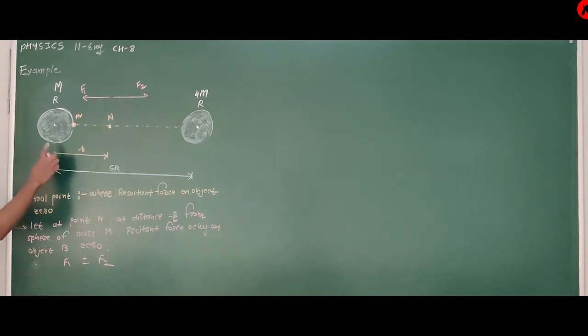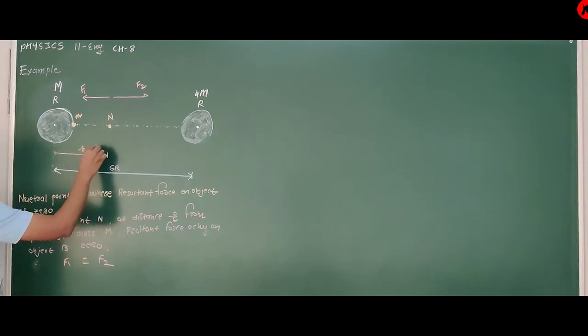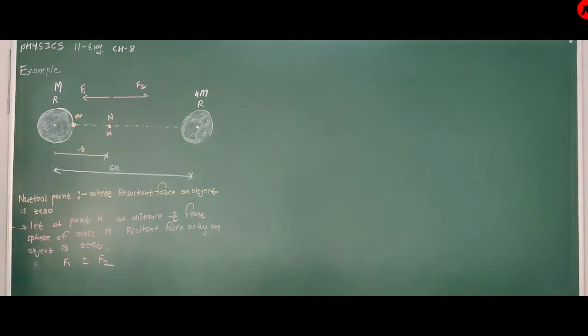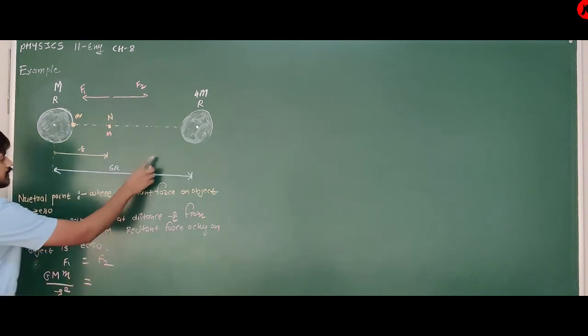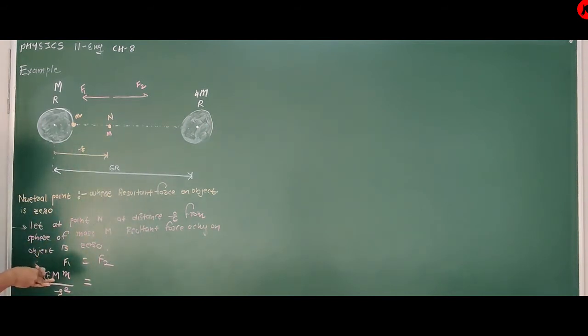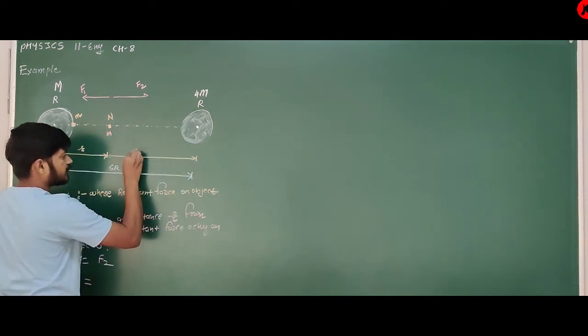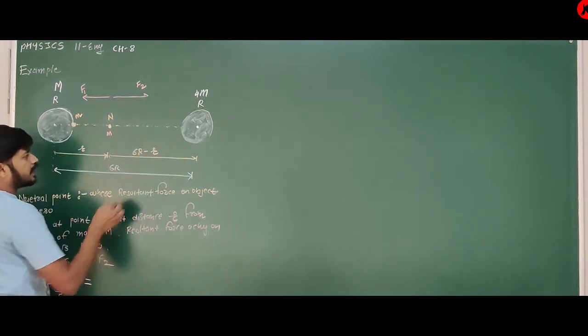Now F1 is the force acting on the object of mass m due to this sphere. You know the equation: G times mass of this sphere times mass of object m, upon distance squared, r square, is equal to the other side. If the total distance is 6r, then this distance is 6r minus r.